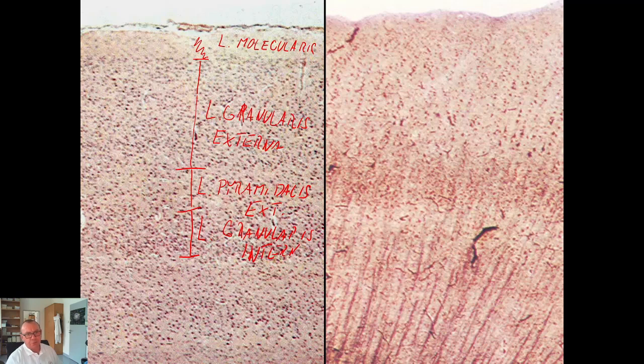Then there should be a layer of the biggest pyramidal cells, lamina pyramidalis interna. And the last layer, which is at the border with white matter, is lamina multiformis, containing a variable number of usually big neurons.